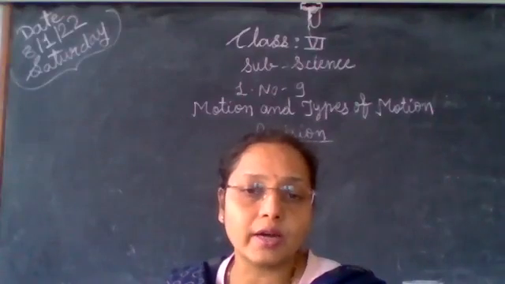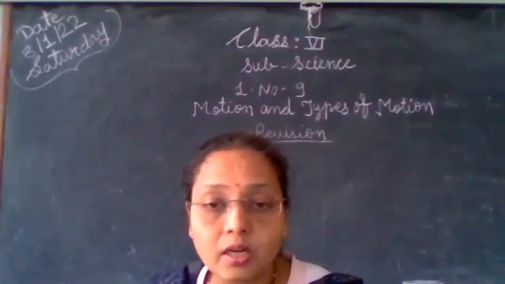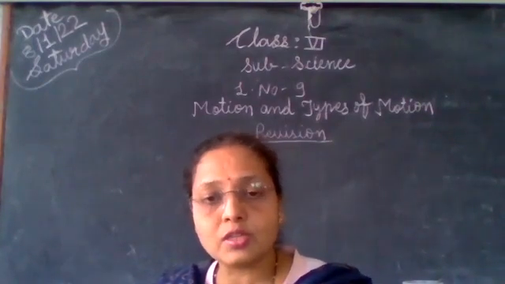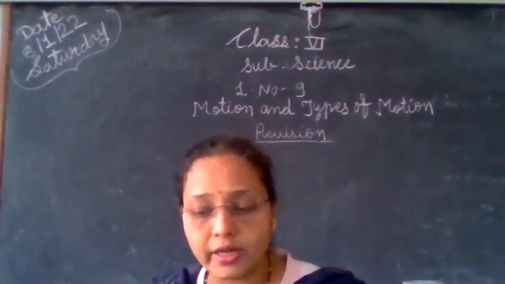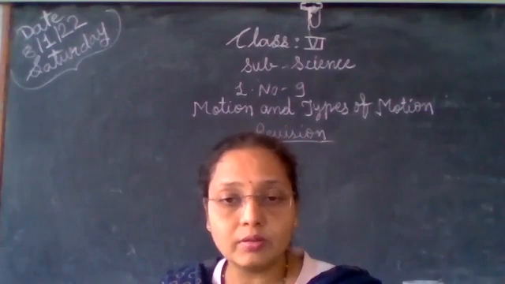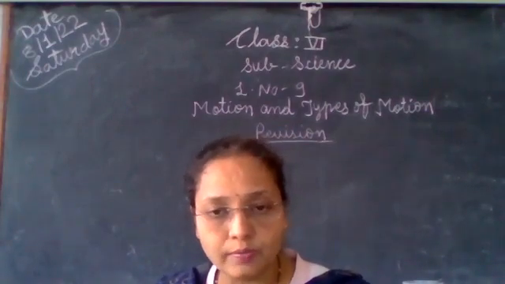So in that you have to write its definition. First one is linear motion. An object that shows displacement along a straight line is called linear motion. A vehicle moving on a road is an example of linear motion.